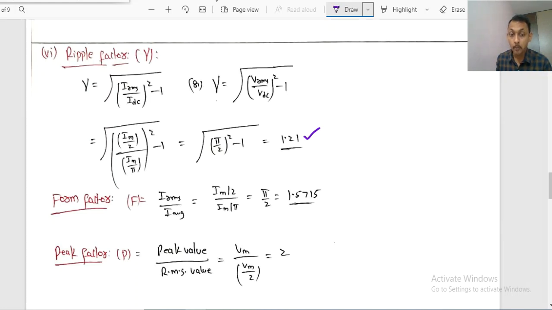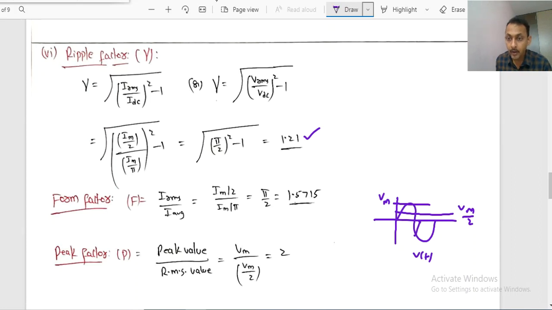If this is the waveform, this value is the peak value Vm, and Vm by 2 is the RMS value. At some particular instant of time, V of t, that is called the instantaneous value.